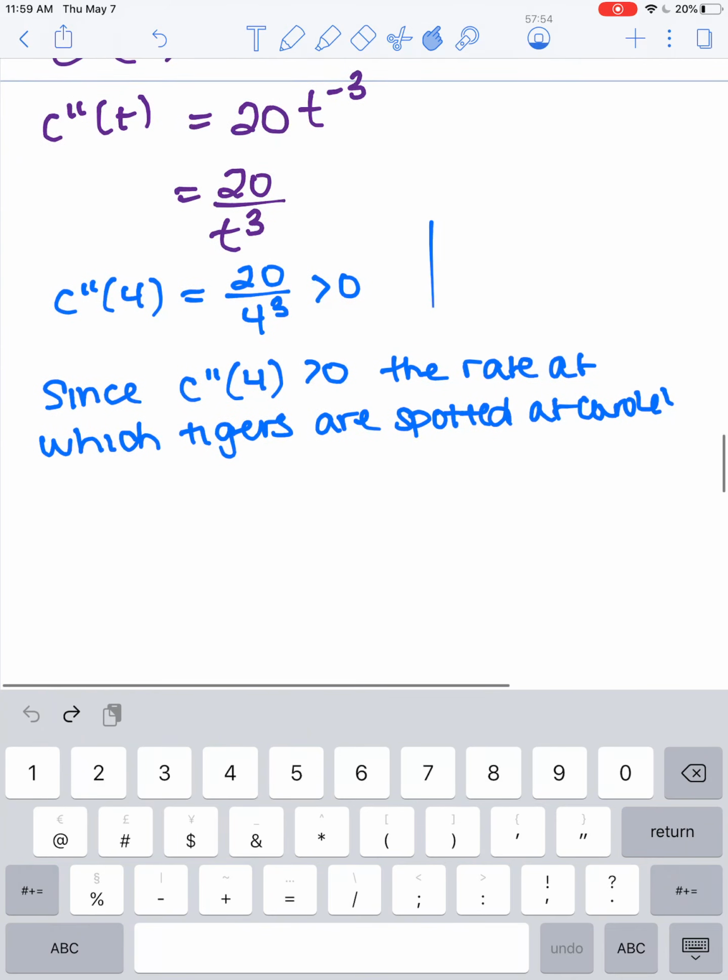How do I get that to go away? Not sure. Just ignore the keyboard. Since c double prime of 4 is greater than 0, the rate at which tigers are spotted at Carol's property is increasing.